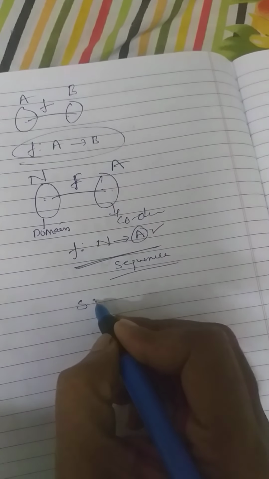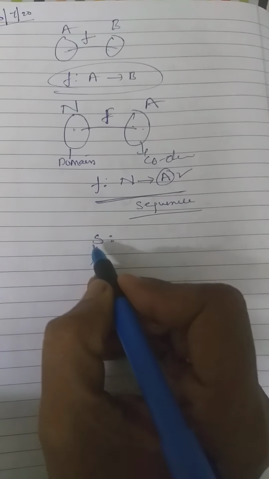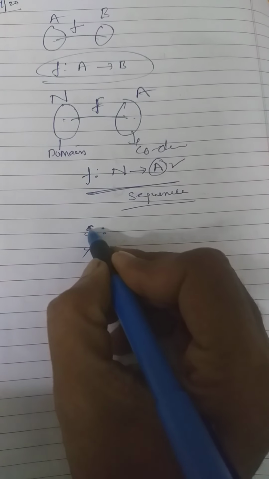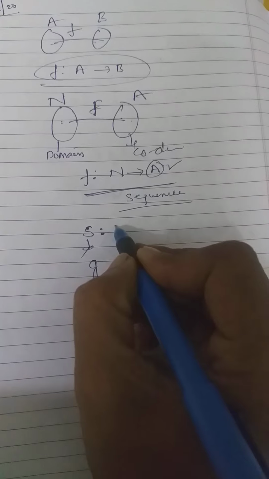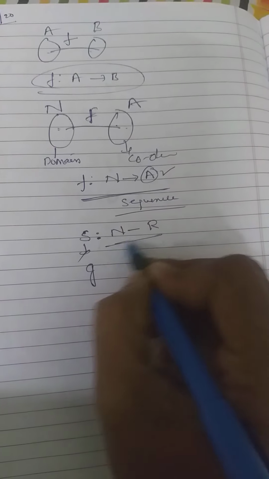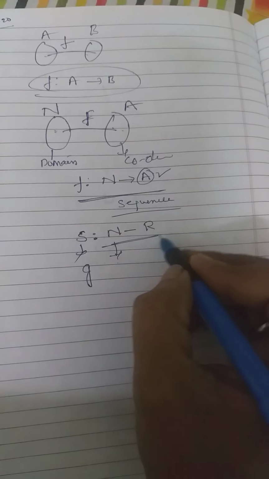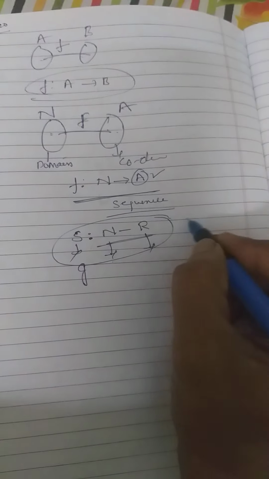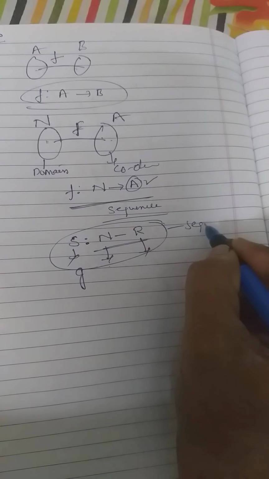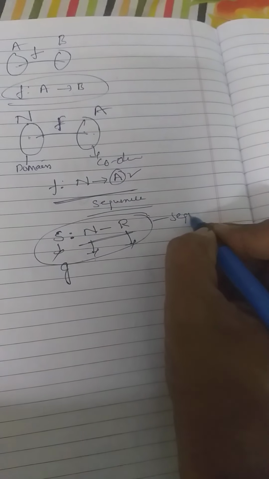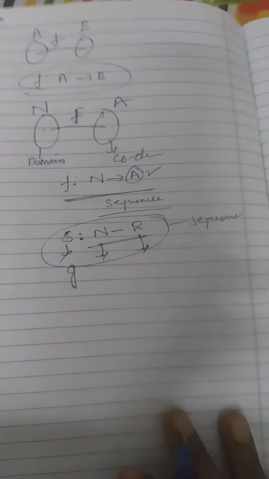Suppose S is a mapping. Here I'm changing the notation, right? You can use F, or S, or G also. S is just a symbol. S is a mapping from N to R. Here the domain is the set of natural numbers, and the codomain is the set of real numbers. Then this function is called a real valued sequence, or sequence of real numbers, or simply a sequence, right?